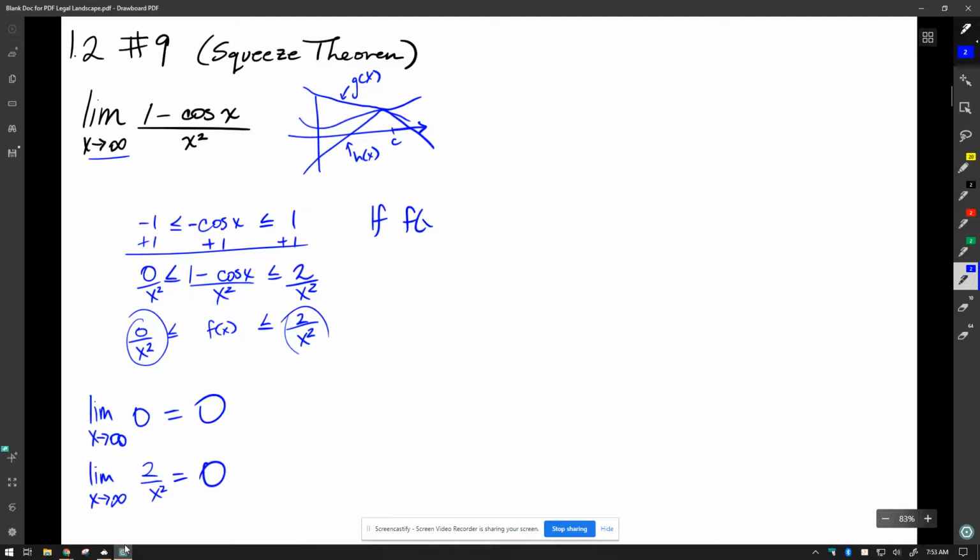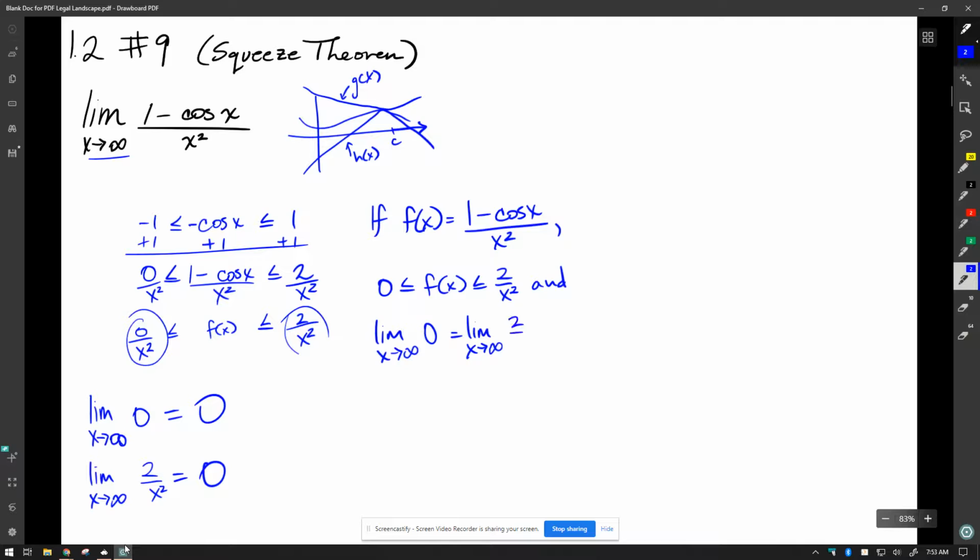If f of x is equal to 1 minus the cosine of x over x squared, then 0 is less than or equal to f of x, which is less than or equal to 2 over x squared, and the limit as x approaches infinity of 0 is equal to the limit as x approaches infinity of 2 over x squared, and both of these are 0.